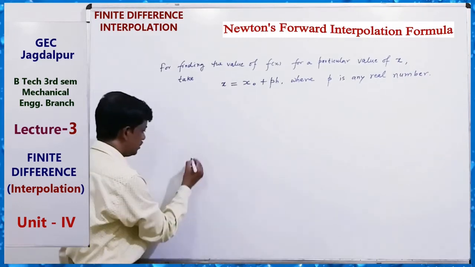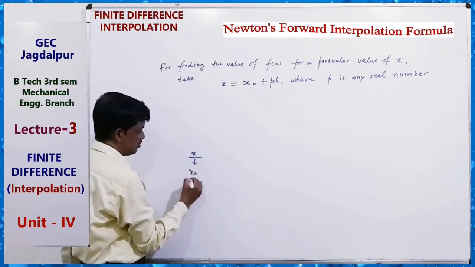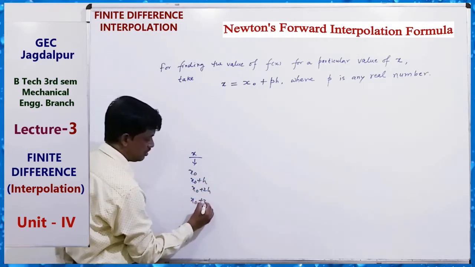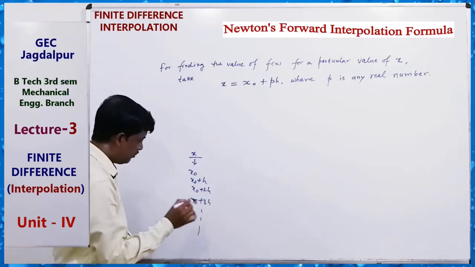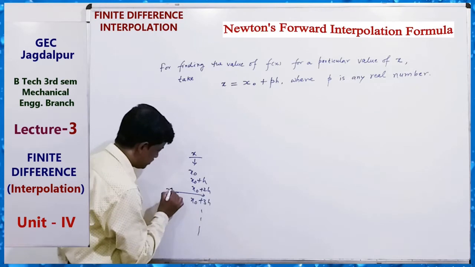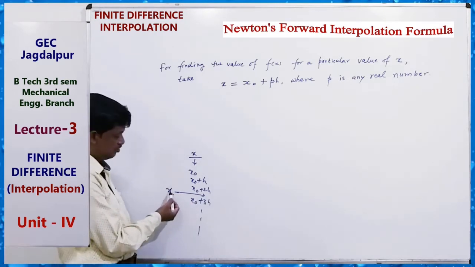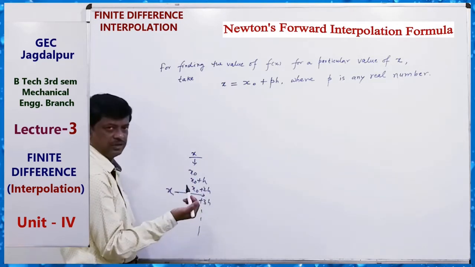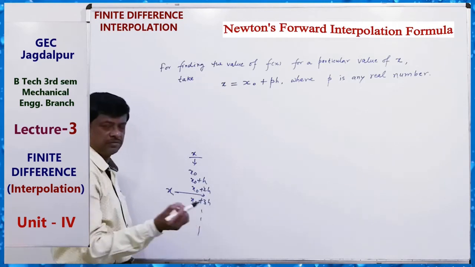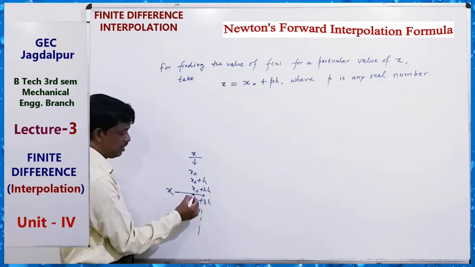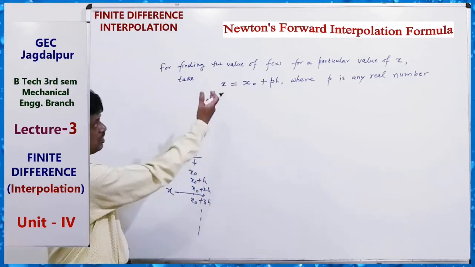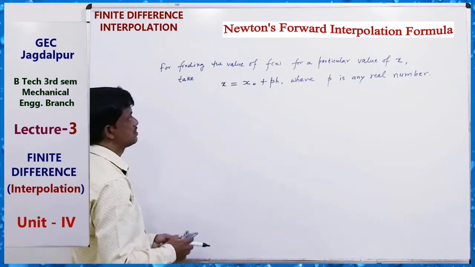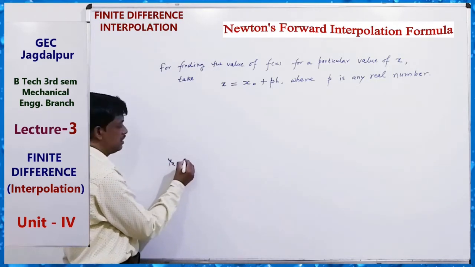Just like suppose here the x values are x0, x0 plus h, x0 plus 2h, x0 plus 3h and so on. If the value is here, x, then what will be the format of this? x is equal to x0 plus 2h and any real number we can take between 2 and 3. Suppose that is p. Then the value is x0 plus p into h. So we can write like this. Our targeted value is y(x), that is f(x).